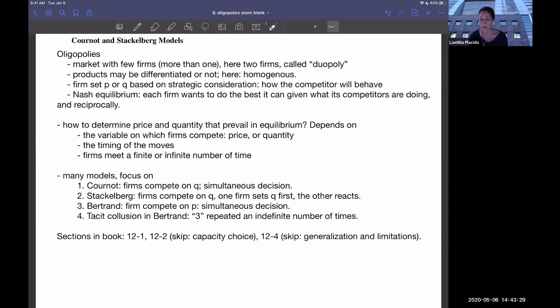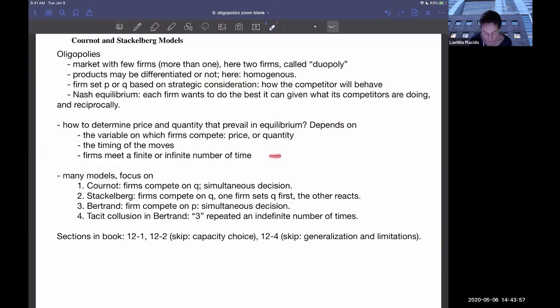And then we're going to move to a case in which one firm sets the quantity, and then a second firm moves after and observes the choice made by the first firm, and then sets its quantity. So we'll cover both the case in which the decision is made simultaneously and the case in which one firm decides before the other.